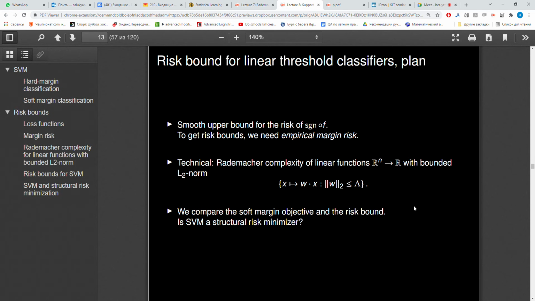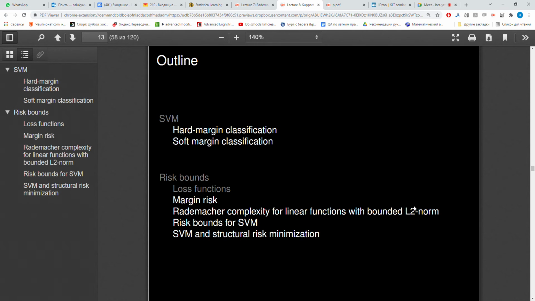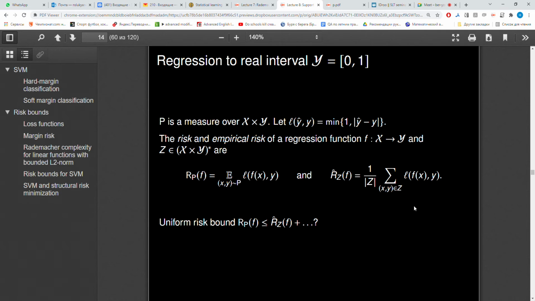Rademacher complexity, which was written with R like risk. So we'll dive into the flow of definitions, but we'll try our best not to die till the end. I don't know how to pronounce it.